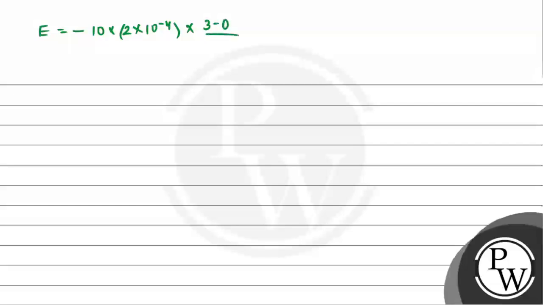Why 0? Because the coil is removed from the influence of the magnetic field, so the magnitude of the magnetic field becomes 0. Okay, and the change in time is 0.2 seconds. So we can write here 3 by 0.2.